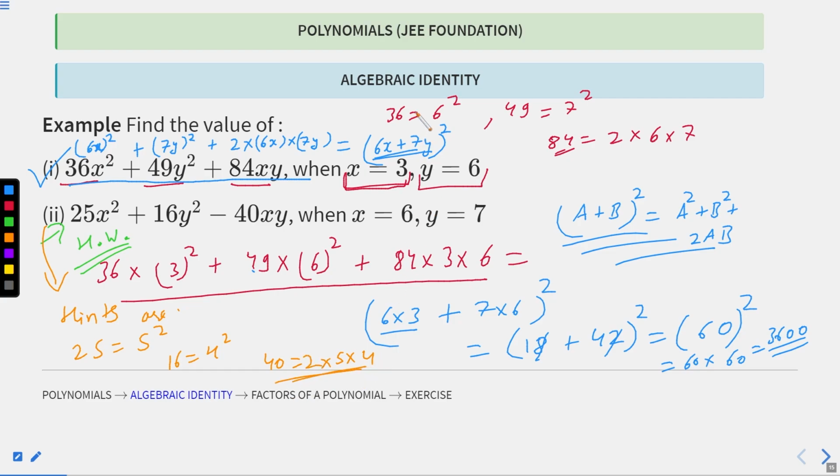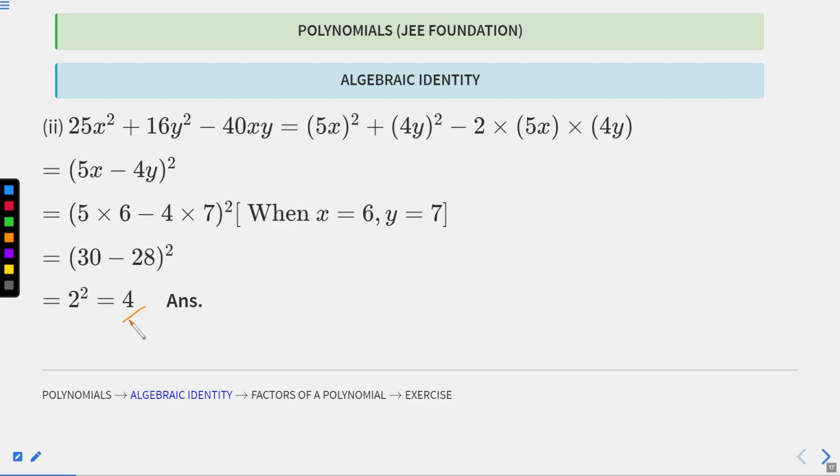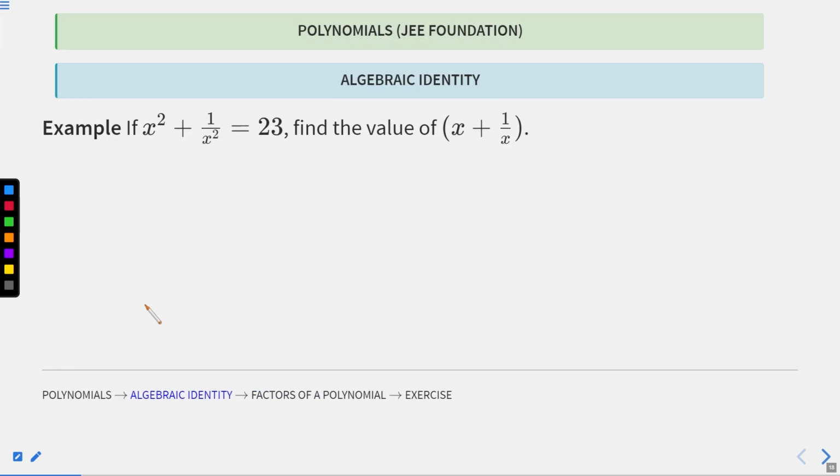So you can see now, you can make some relations as we did in the first part. Okay, so I hope that you can easily do it. Okay, so let's move on, and here your answer will be 4. So I'm just jumping to the next question.